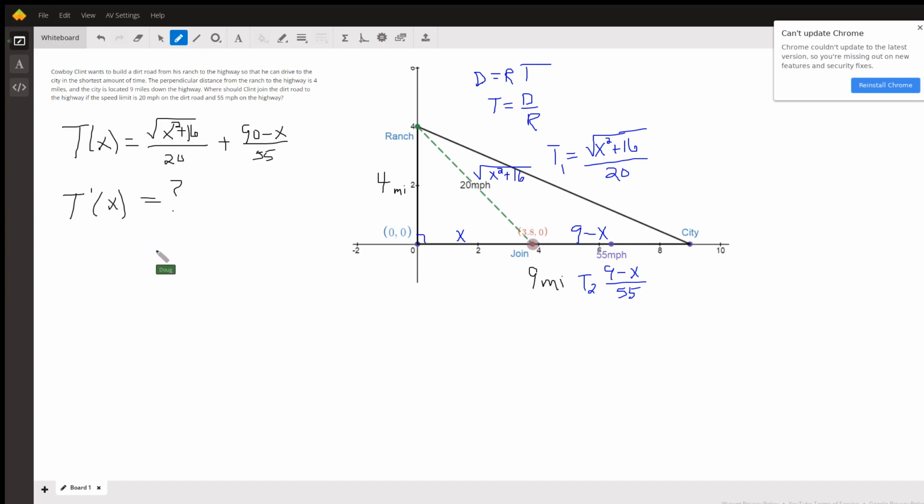We set T prime of x equal to 0 and solve for x. We have to take steps to prove that that x value is generating a minimum. But that'll either be the first derivative test or the second derivative test. Probably the first derivative test would be the way to go.